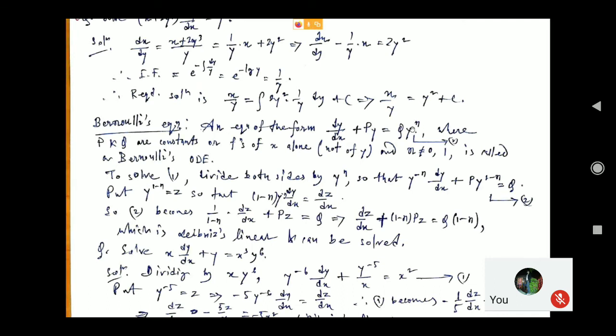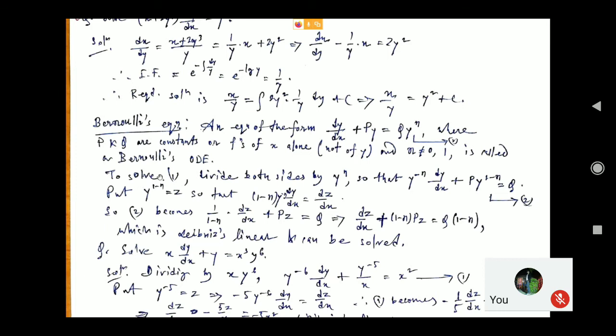If this is present, then it is called Bernoulli's equation, where p and q are constants or functions of x alone, y is not involved, and n is not equal to 0 or 1. It's called Bernoulli's ordinary differential equation.